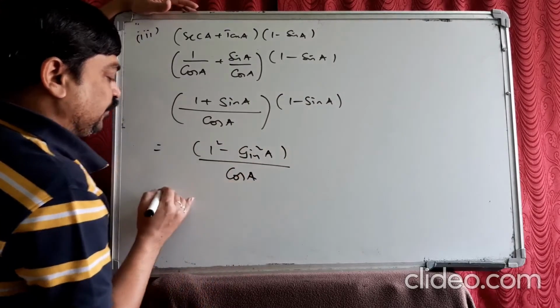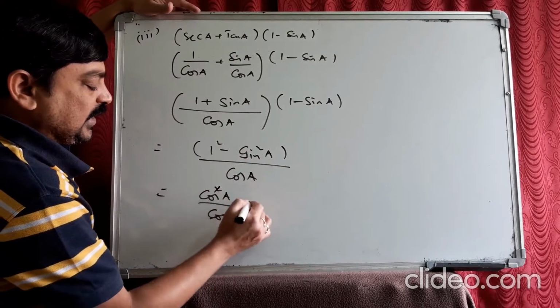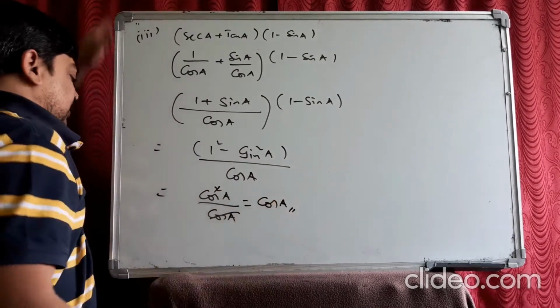The denominator is cos A. Cos square A by cos A, you can cancel this, it becomes cos A.